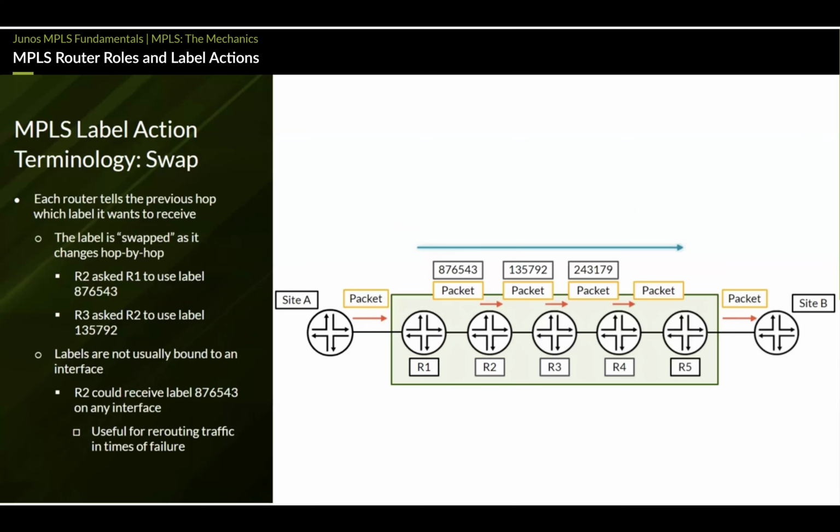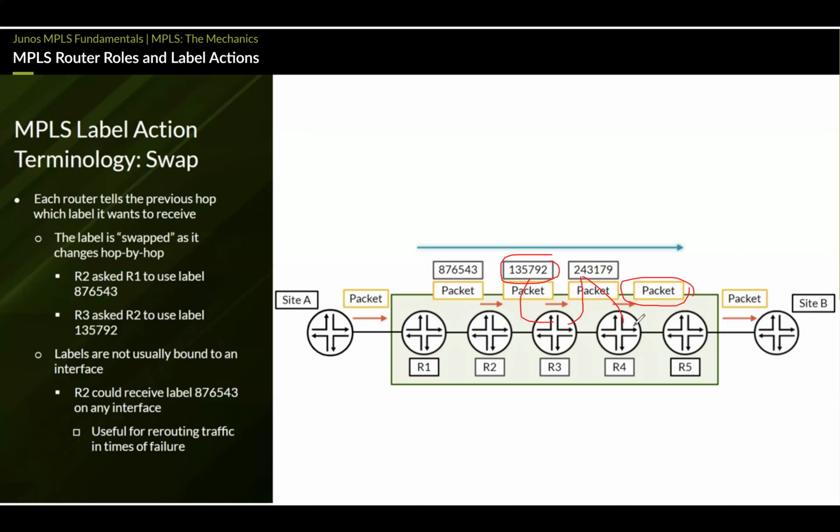Okay, so next. See here, router 1 is sending a packet with a label. The label value is 876543. Router 2 receives the incoming label and sends another label to router 3. Router 3 also sends another label. And router 4 does not send a label, only sends the packet.